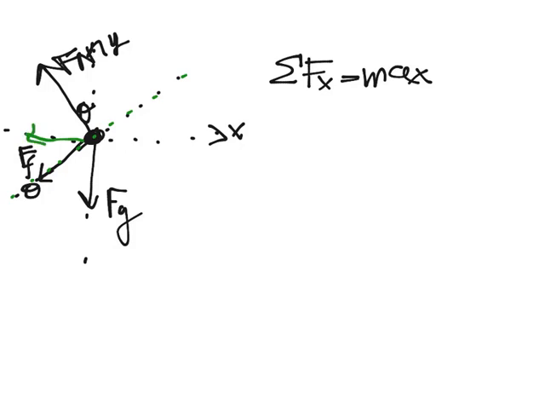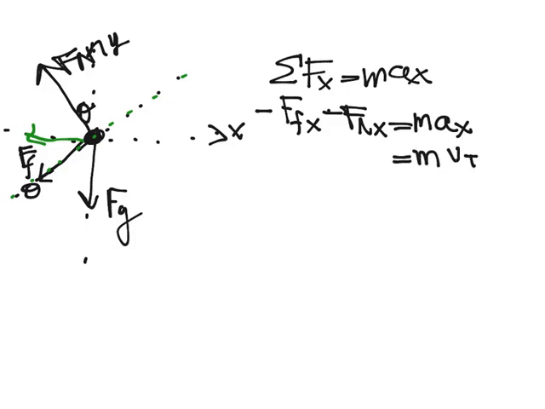So in the x direction, we have two things. We have Ffx, and that's to the left, minus Fnx is equal to max. Remember, ax is ac, so that's equal to m vt squared divided by r.